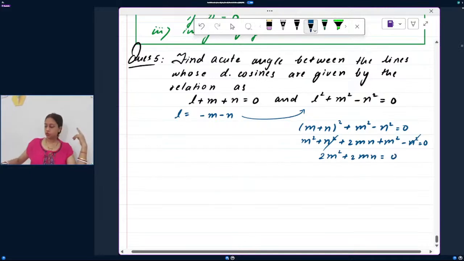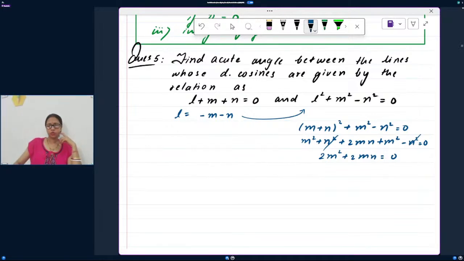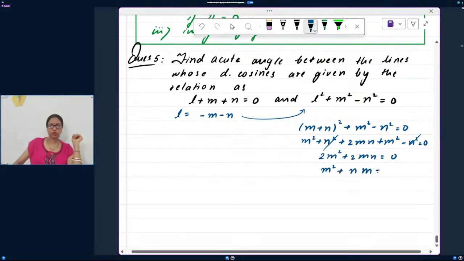2 is gone, and if I consider this as an equation in terms of m, it is m square plus nm is equal to 0. M common, m plus n is equal to 0. So m is equal to 0 and m is equal to minus n.